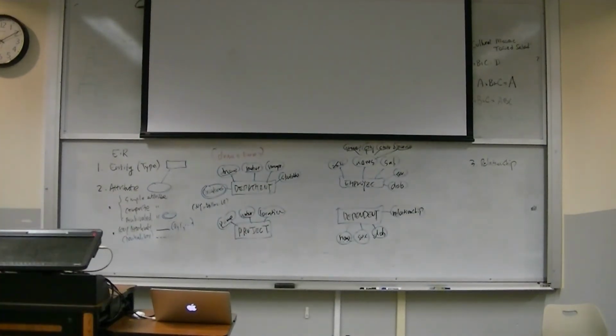If you go to the third block, employee: social security number, address, salary, sex, and the birthday. Then there is a sub-block. Each employee works for one department, but may work on several projects.